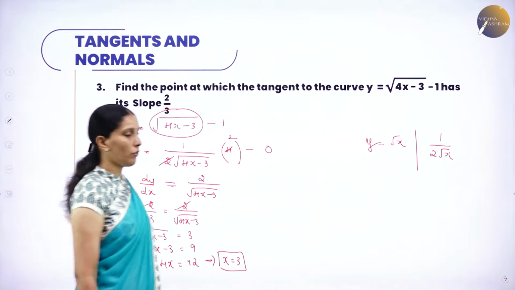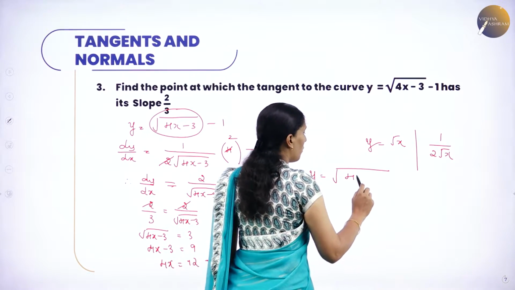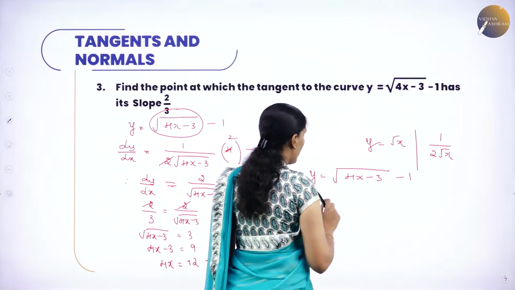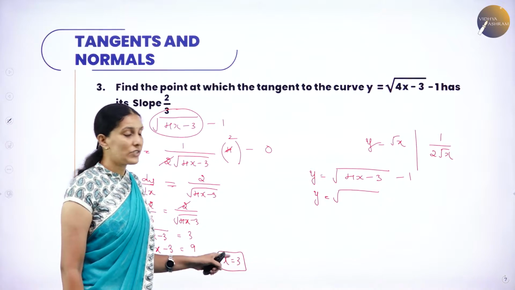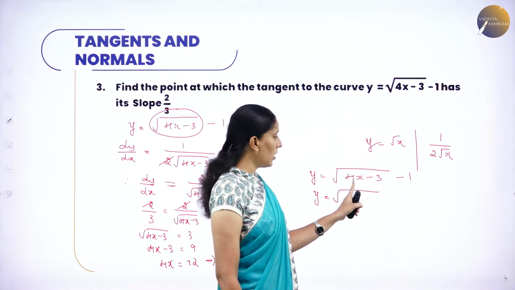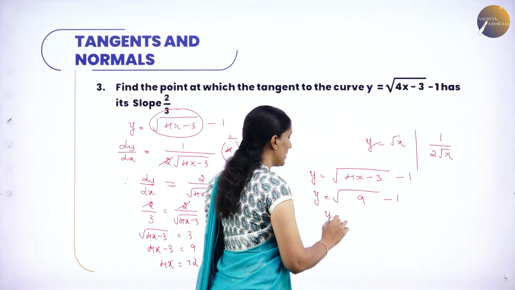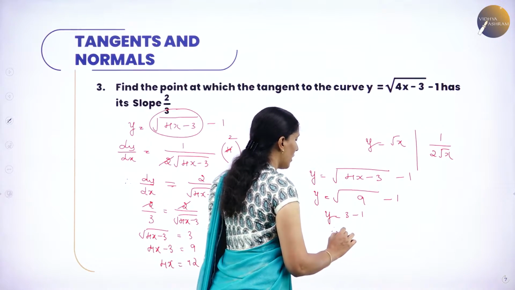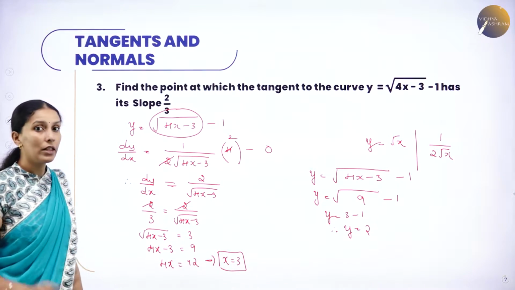Let us substitute for y. So here y is equal to root of 4x minus 3 minus 1. Y is equal to root of, what is the value of x? It is 3. 4 3s are 12. 12 minus 3, 9. 9 minus 1. Root of 9 is 3 minus 1. Therefore, y is equal to 2. So, therefore, here we need to find out the point.